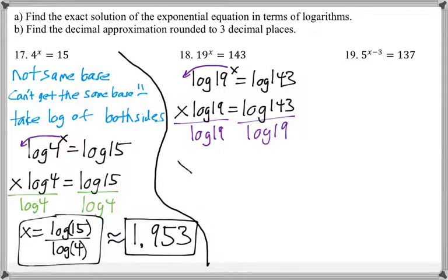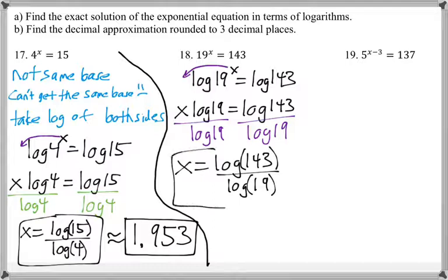So x is equal to log of 143 over log of 19. And you can put the parentheses if you want to. And this is my exact answer.